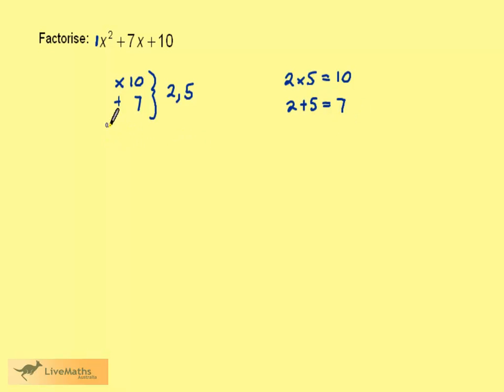What we do with these numbers is rewrite the x squared plus 7x plus 10 as x squared plus 2x plus 5x plus 10. Note it is the same. All we've done is split the 7x into 2x plus 5x.